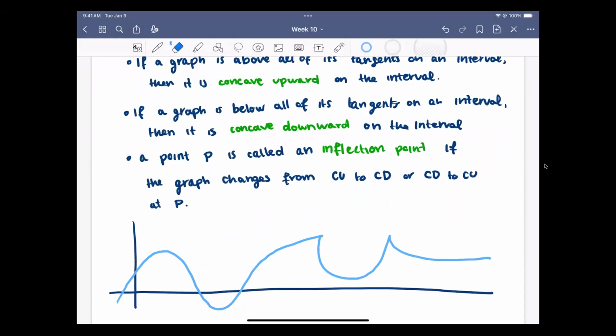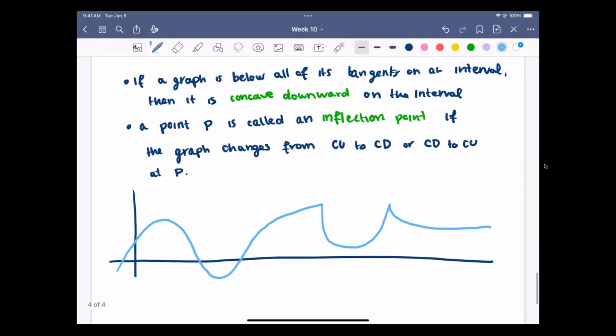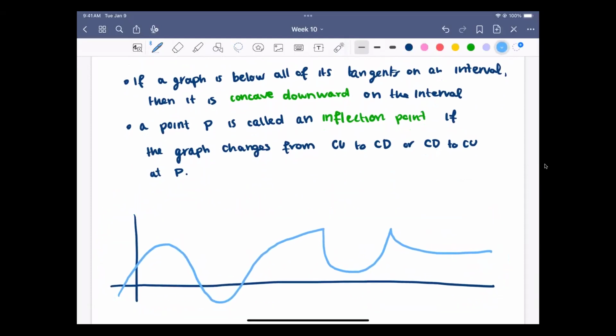I don't think I quite passed the vertical line test here. Let me fix this. Okay, so let me make a little bit more room. So I want you guys to find where this is concave up, concave down, and the inflection points, and I'll give you like a minute or two to think about it.